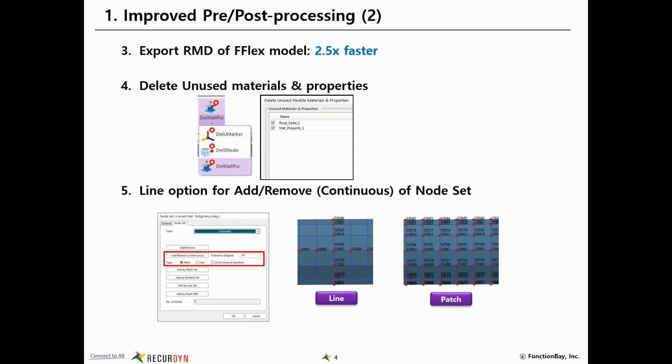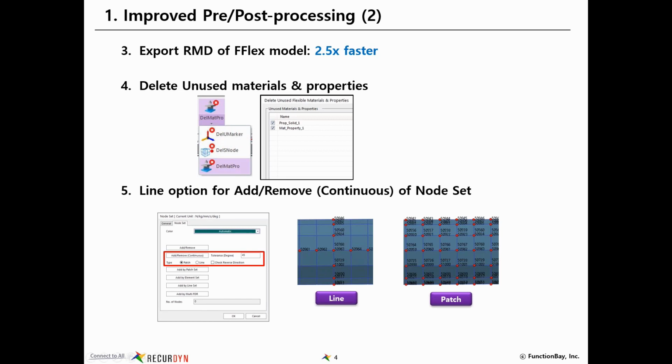And this next option here is this line option for add remove continuous. The old way that it would work is that you'd click on something, similar to this patch definition, and it adds all the nodes within a certain tolerance.